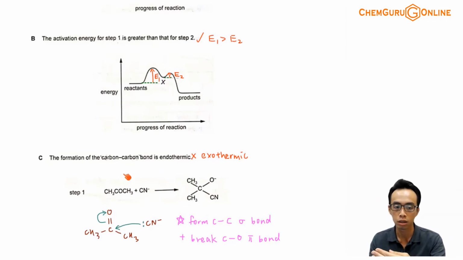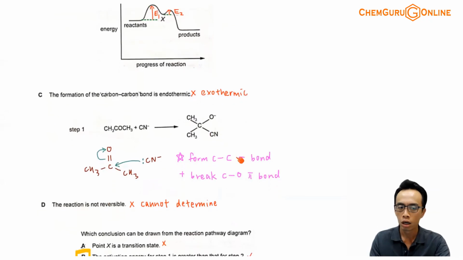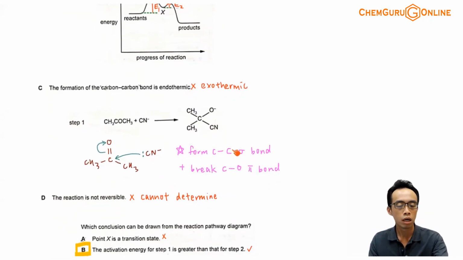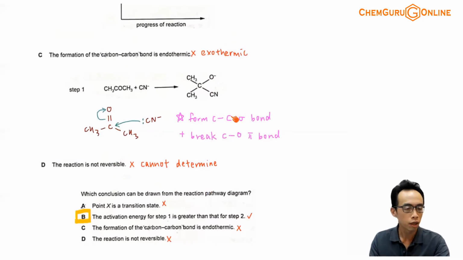It is not just a bond formation. A carbon-carbon bond is formed, but there's another bond that is broken. So the overall process is endothermic. It is not linked to the formation of my carbon-carbon bond. We just want to clarify that. But the statement in itself is problematic. It is not true. So we can dismiss this. Option C is not likely to be the answer.